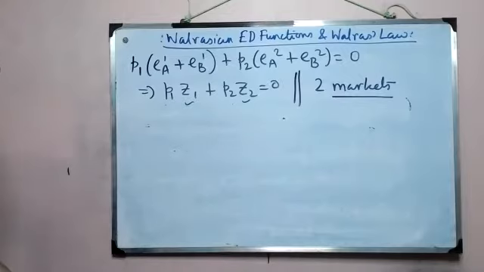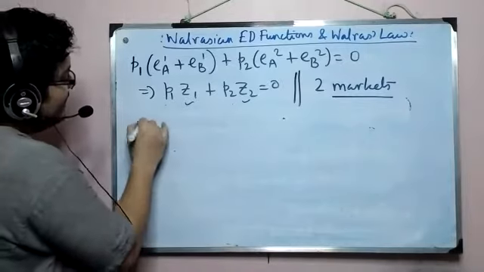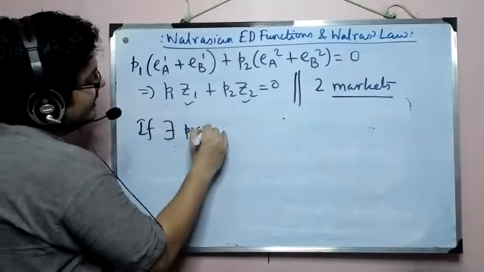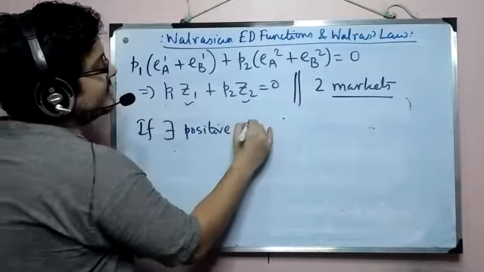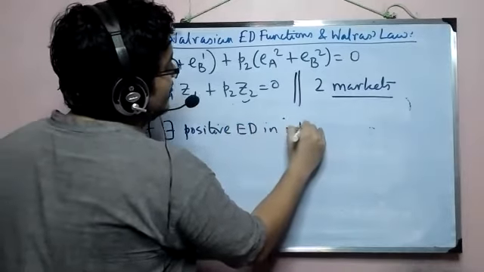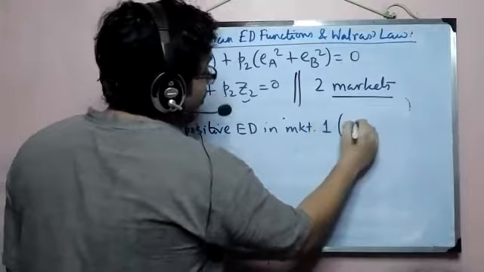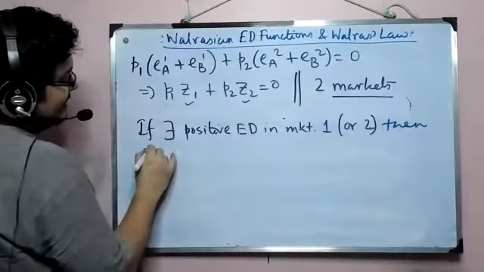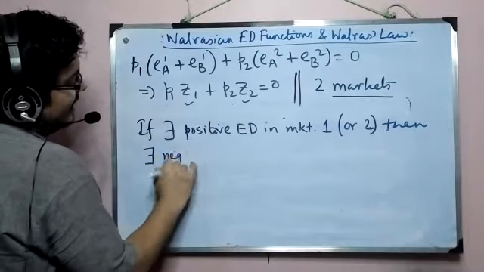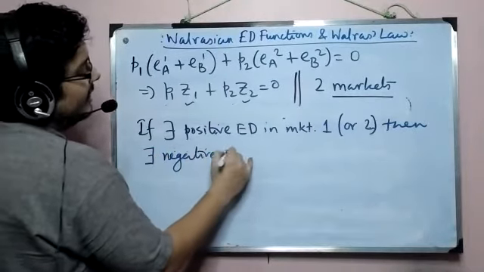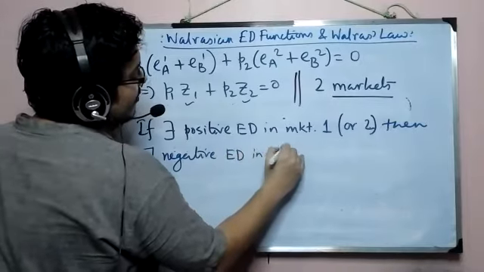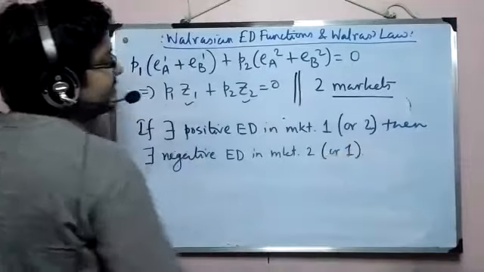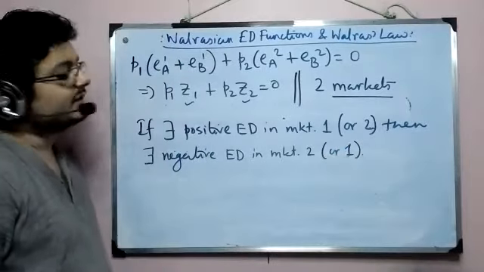Now this says that if there exists positive excess demand in market 1 or 2, then there exists negative excess demand in market 2 or 1, right? Because if that is not true, then this equation doesn't hold.